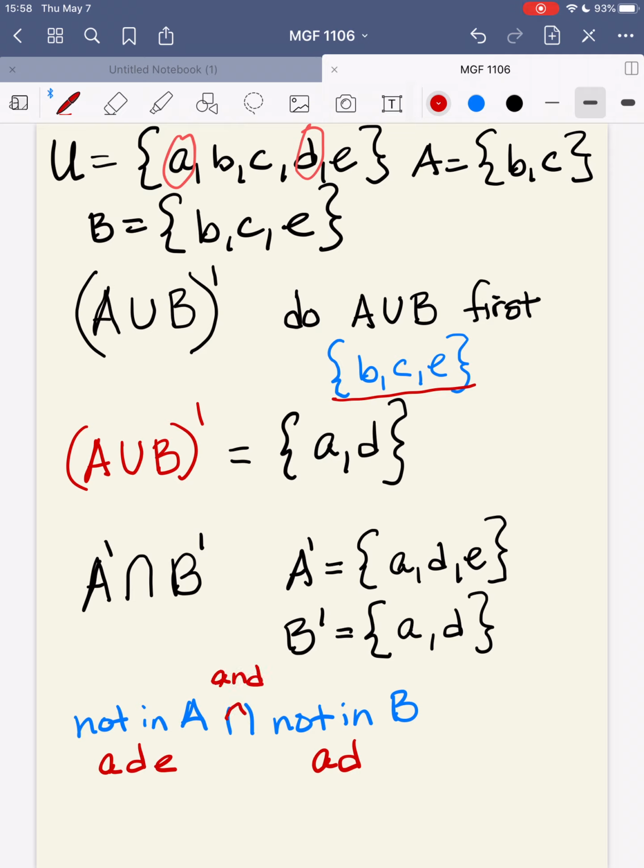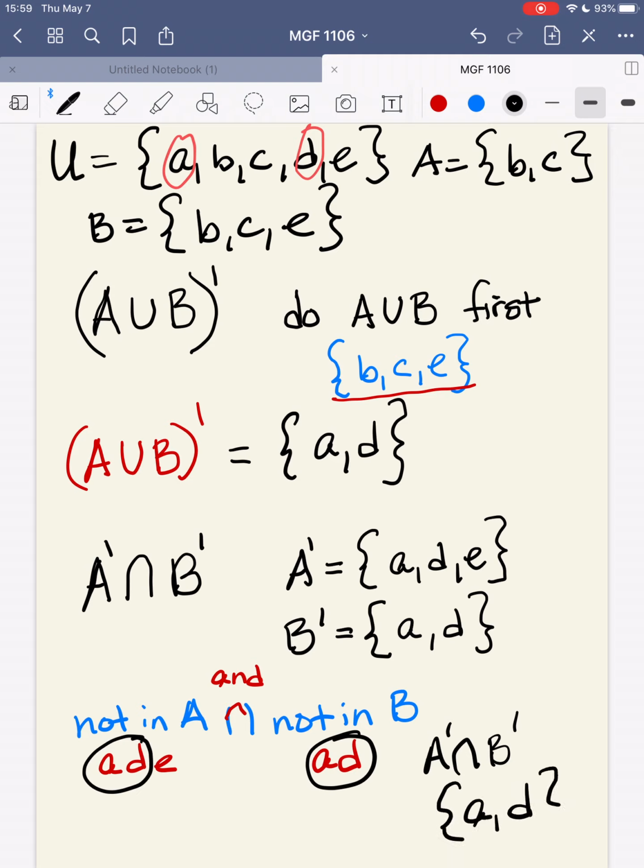So I need to find the things that are not in A and not in B. And these are the only things that match. So A complement intersect B complement is just going to be A, D. Okay, so they have to be done separate.